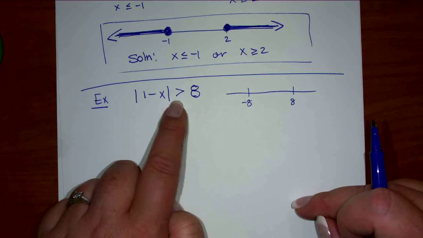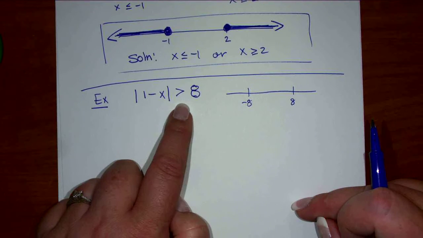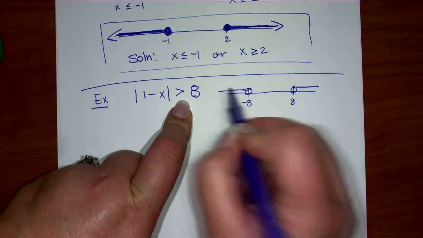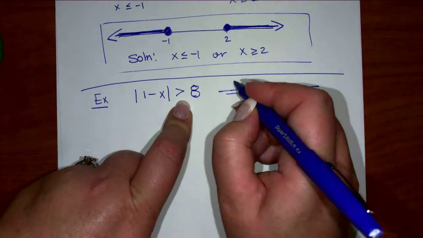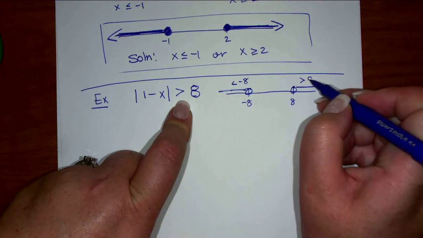Outside. What sign is that? That's a greater than 8, right? So greater than 8 would be outside, so it would be this way and that way. So this is less than -8, and this is greater than +8.